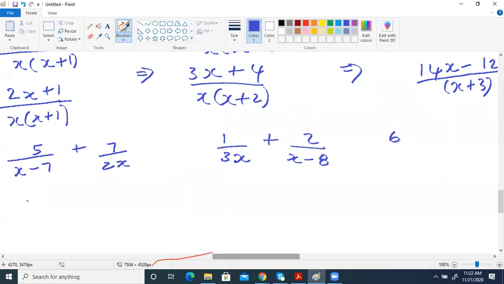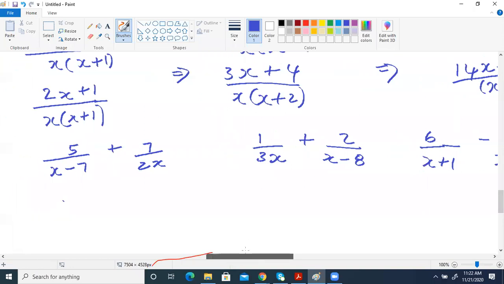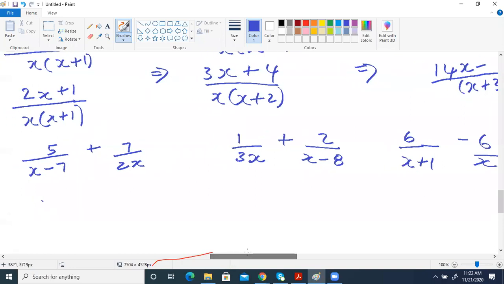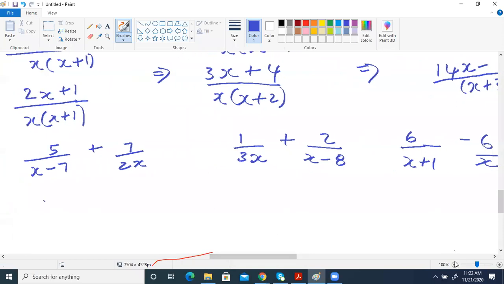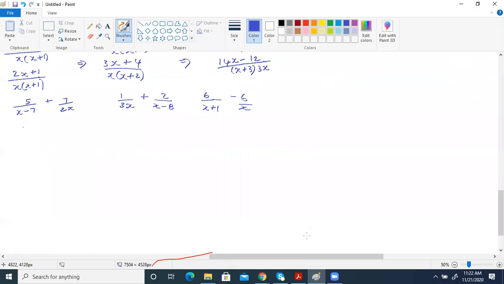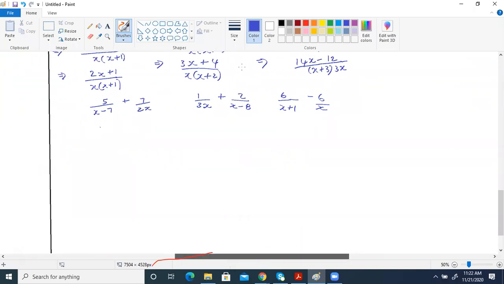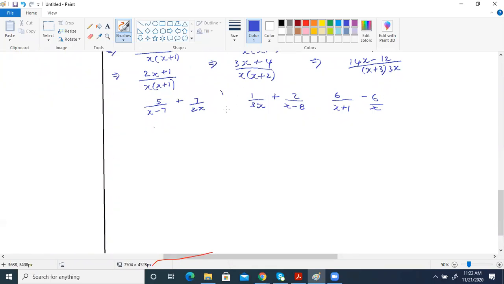I think I did give one with a minus sign already, but let me do another one with the minus sign. All right, so these are the 3 of them, right? Try those. So you have 3 of them.